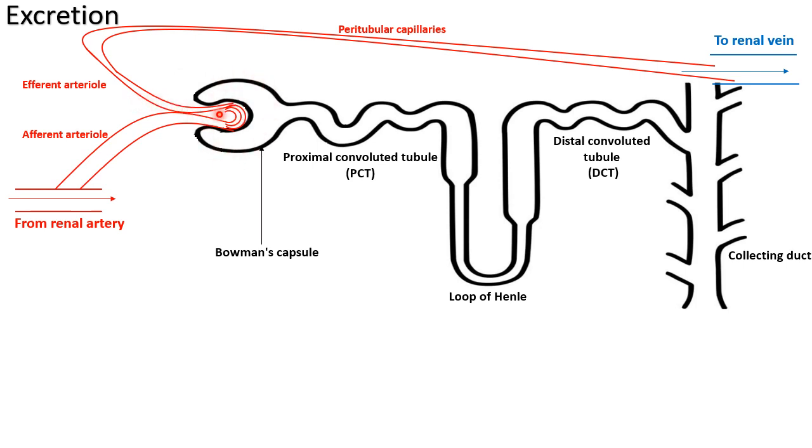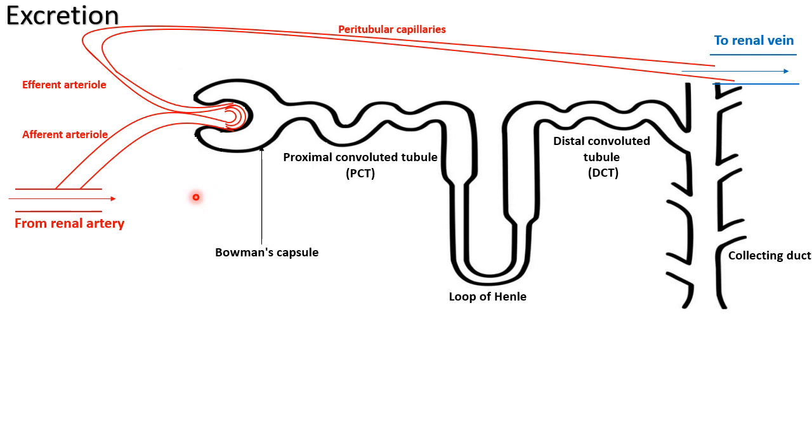So the blood enters the tubules with pressure because it faces a narrow arteriole. So our afferent arteriole, being more dilated than the efferent arteriole, keeps the pressure here. Okay, so our blood now moves into the tubules.